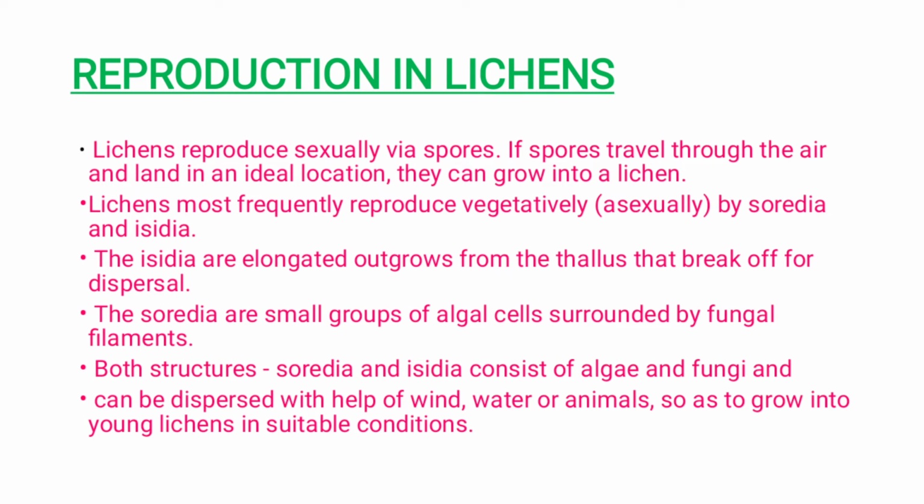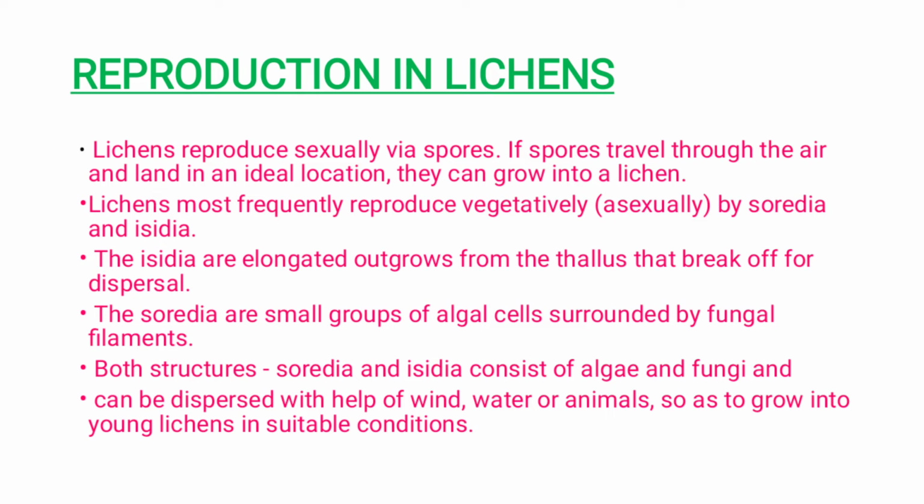Now, let's move to reproduction in lichens. Lichens reproduce sexually via spores. If spores travel through the air and land in an ideal location, they grow into lichens. Lichens most frequently reproduce vegetatively, meaning asexually, by soredia and isidia. Isidia are elongated outgrowths from the thallus that break off for dispersal.